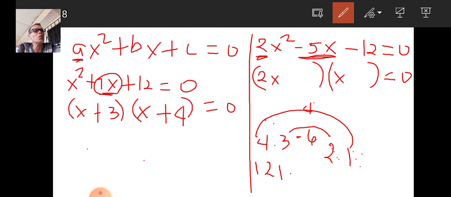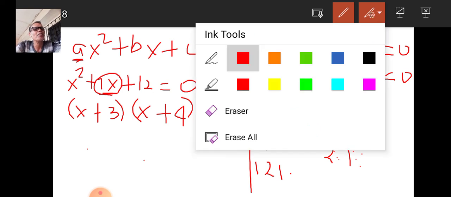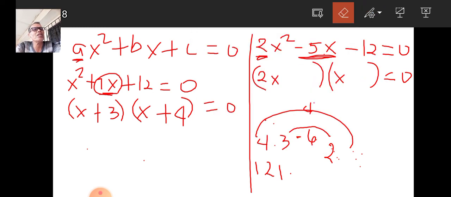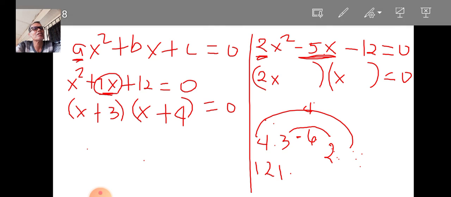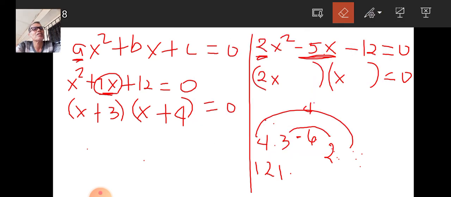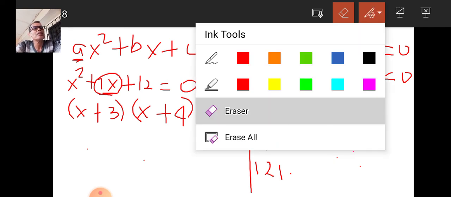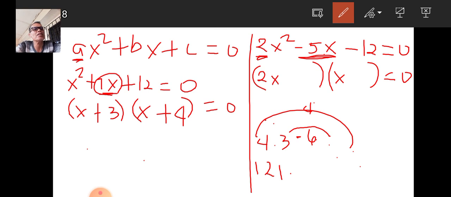So interchange 2 and 1. So this is 1, this is 2.